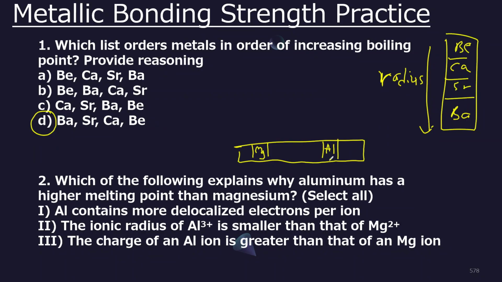Really, I don't think there's anything in between these except for the transition metals. So what are the reasons? Aluminum contains more delocalized electrons per ion. Is that true? Yes. Aluminum can release 3 electrons, being in group 13, whereas magnesium in group 2 could only release 2.